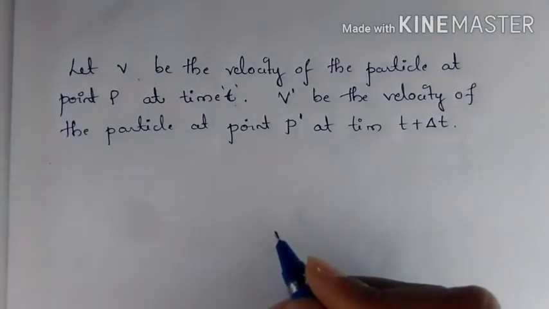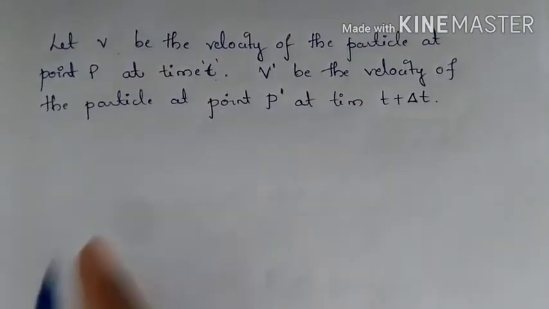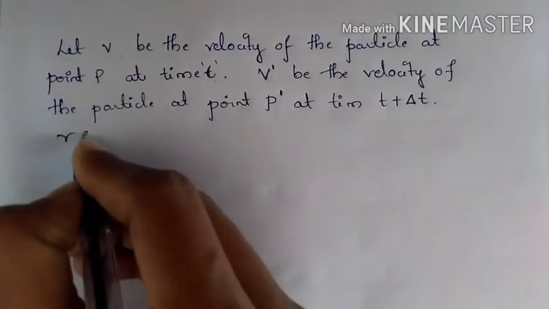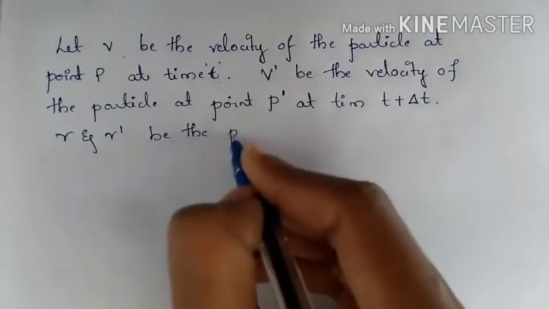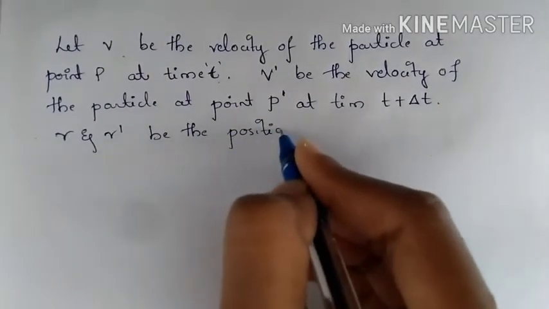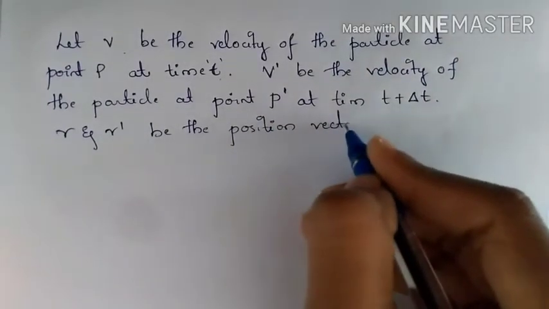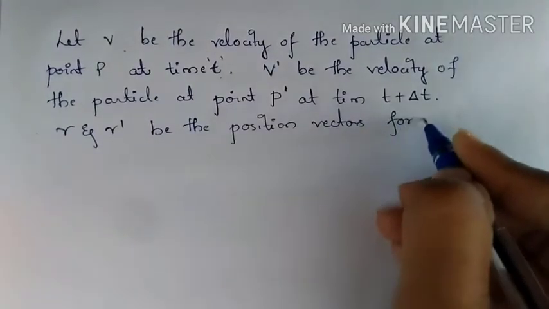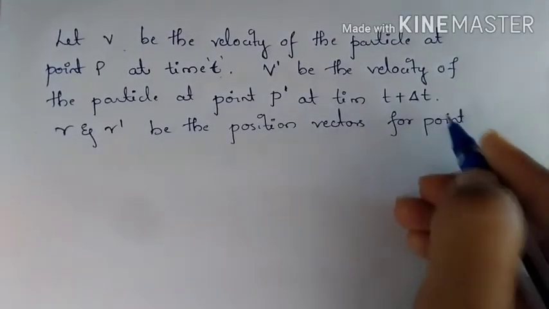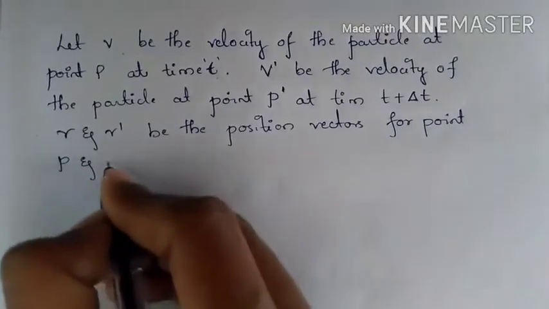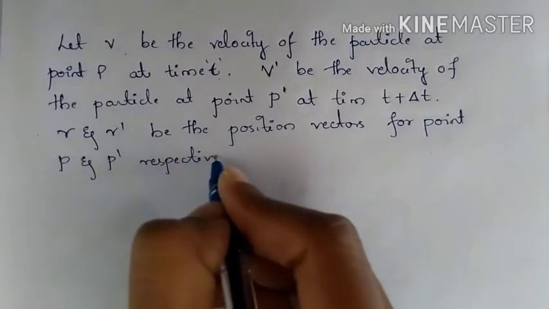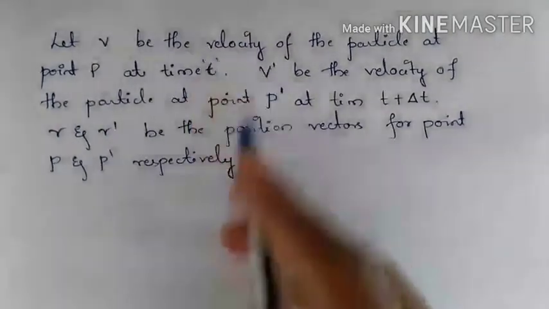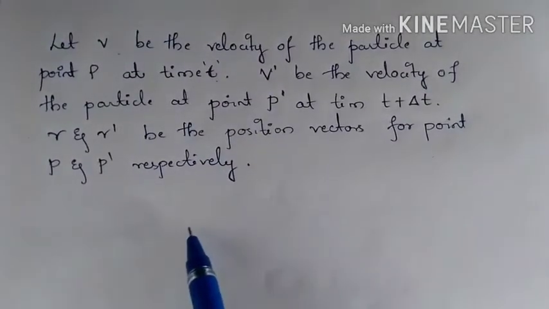So this is the condition. And R and R prime are the position vectors for points P and P prime respectively. All these things we have learnt in the diagram.